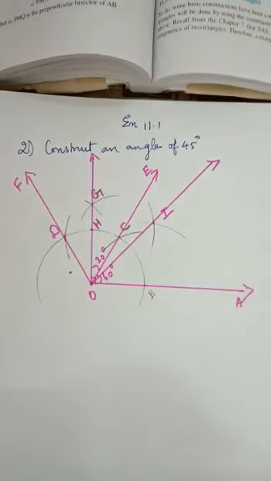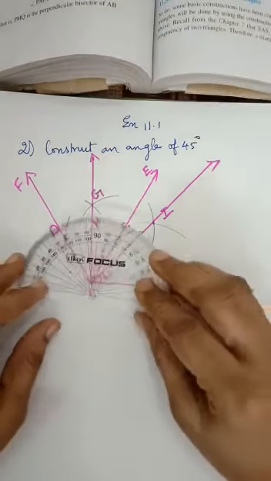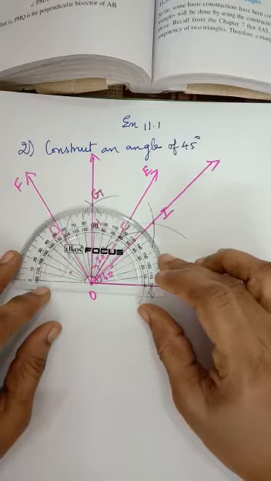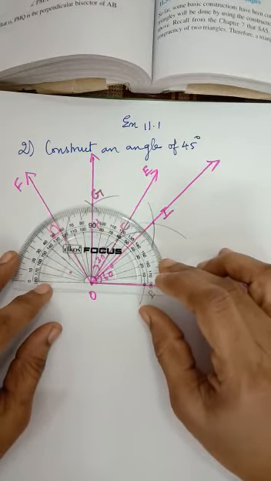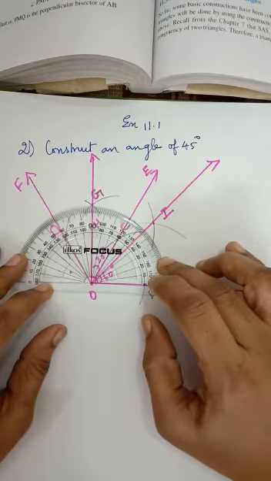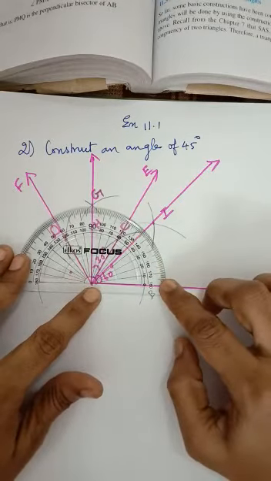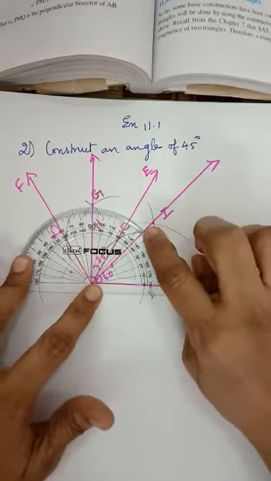Students, listen, take a protractor, you should keep it like this, and now you can check, is that 45 degree? Okay students, so that is 45 degree.